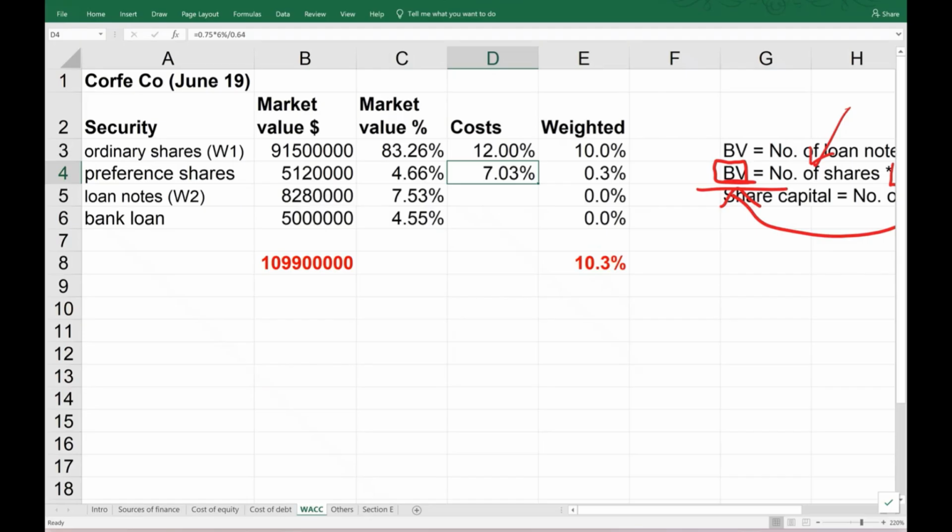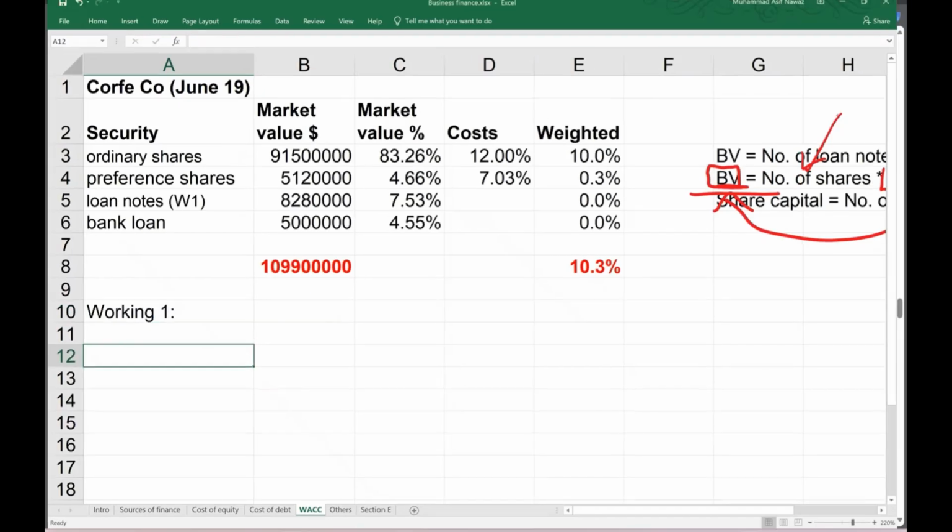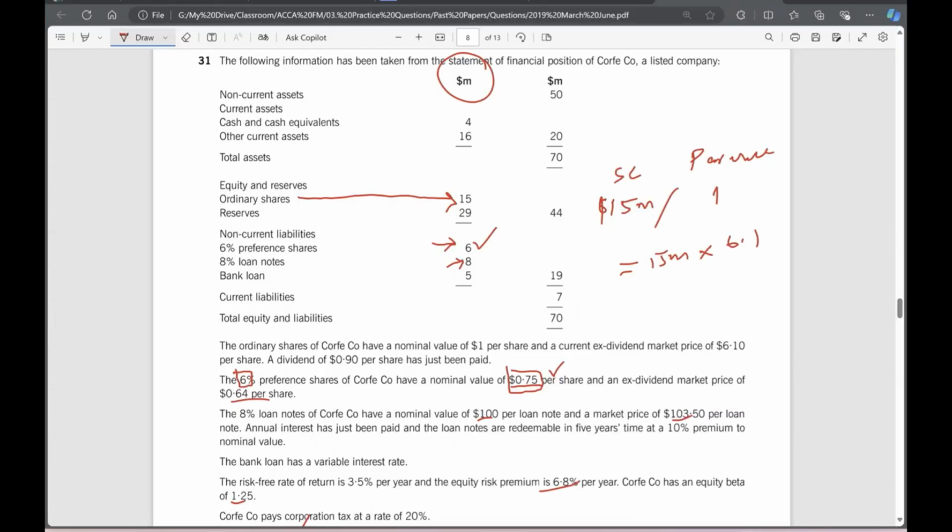Next. Okay, we have to find the cost of loan notes. For that, I have to do working. This is redeemable in 5 years time, at 10% premium.